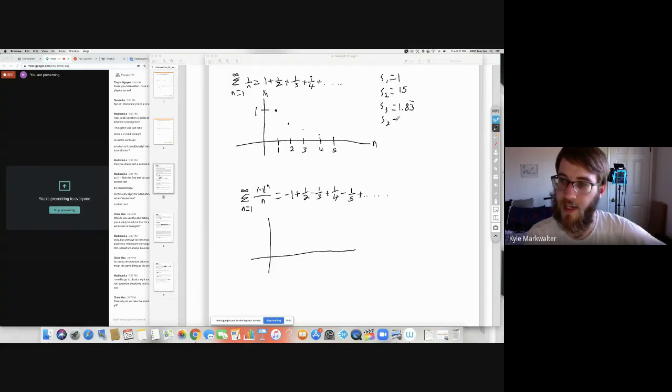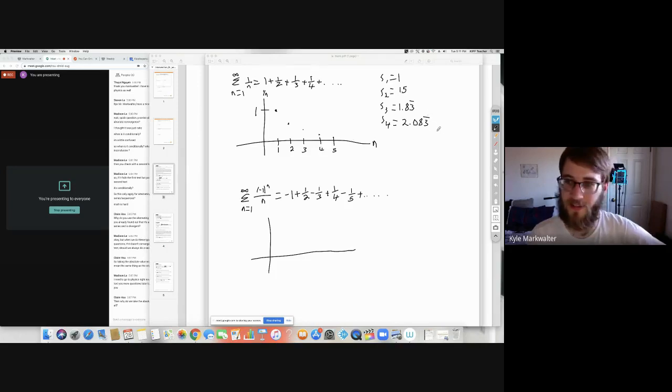Then I add 1/4, so I have to add 0.25 to this, and my fourth partial sum would be 2.083 repeating.